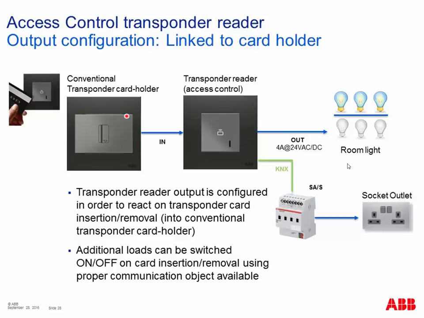So when I connect the conventional card holder from the wiring accessories Millennium range to the reader, and I insert or remove one card from this device, the output closes or opens. So this output is linked to the input, in this case to the conventional transponder card holder.